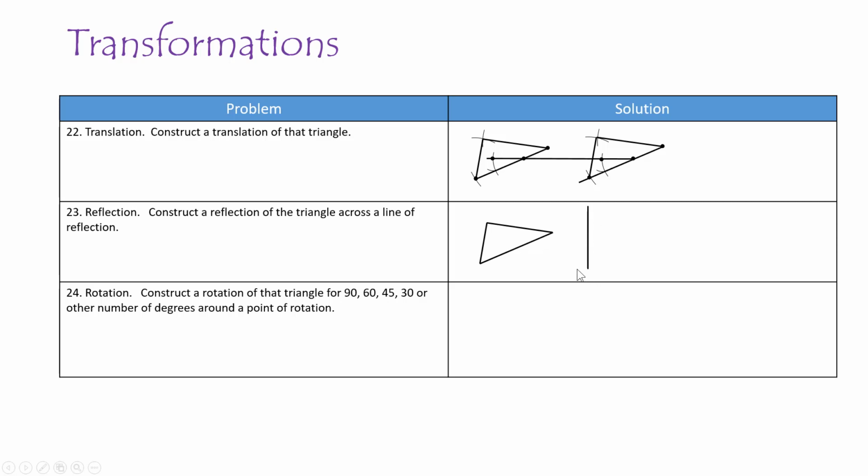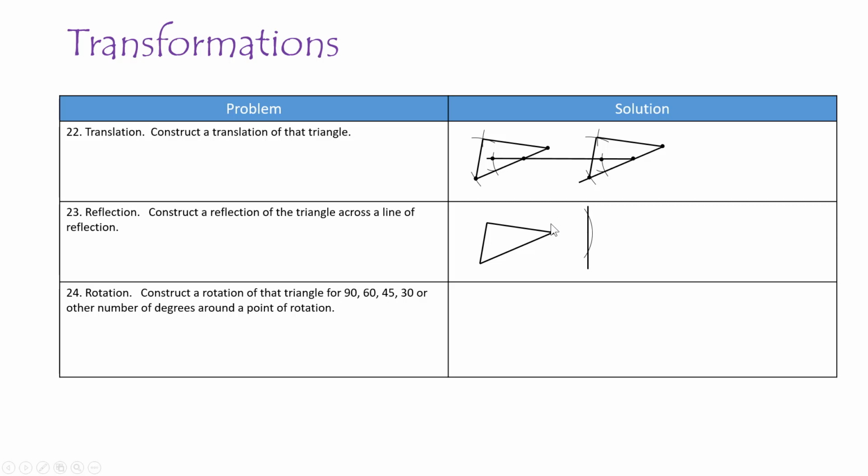Now reflection is for reflecting this figure across what's called a line of reflection. It reflects it like a mirror across the line of reflection. And the way we do this is we're going to figure out where the reflection is for the three different vertices. So for the first vertex, we pick this one, and we create a line perpendicular to the line of reflection from that vertex.